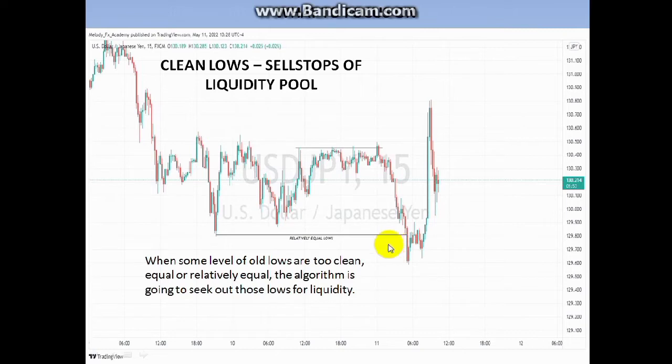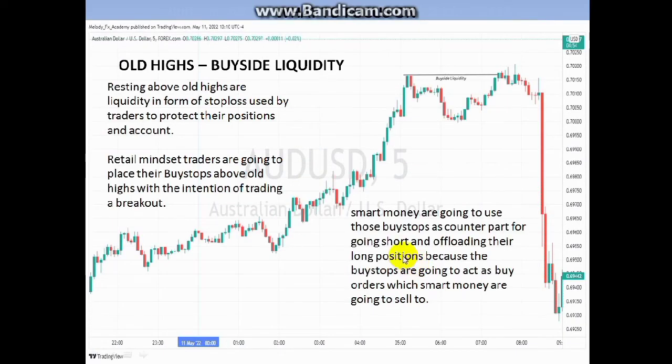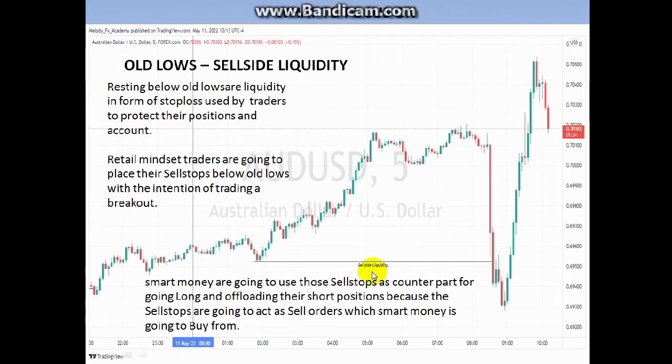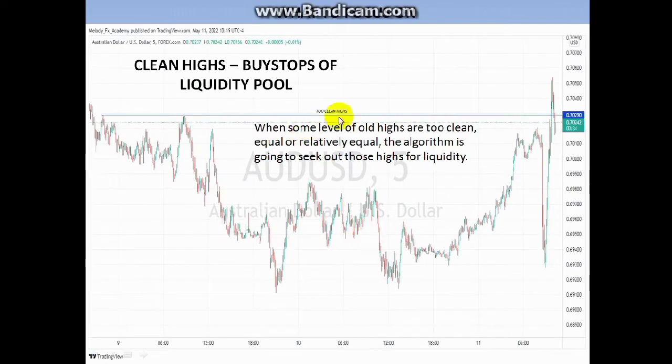Those clean lows. So our primary focus, like we have made mention so far, as smart money traders: old highs for buy side liquidity, old lows for sell side liquidity, and clean, relatively equal highs for a run on liquidity. The algorithm is going to seek liquidity resting above them.